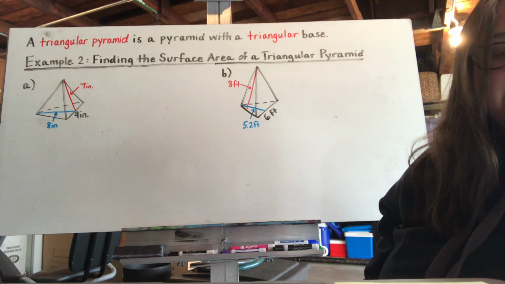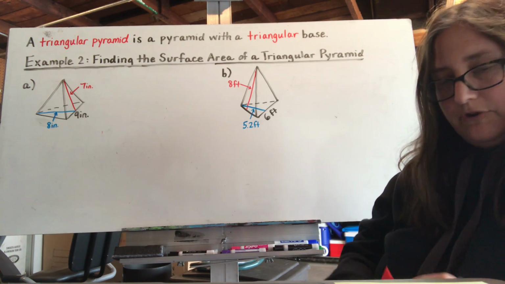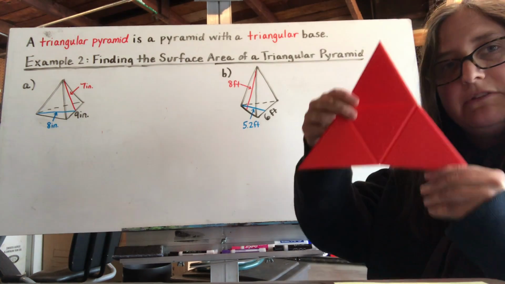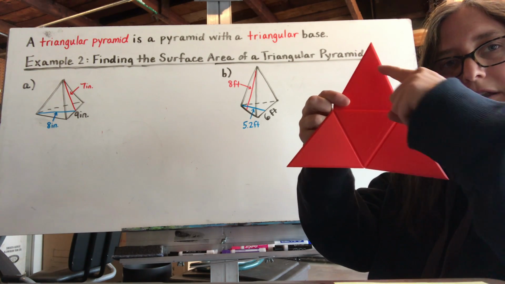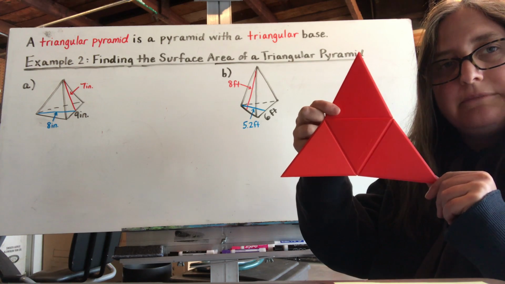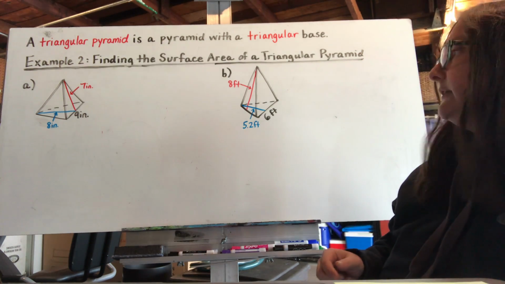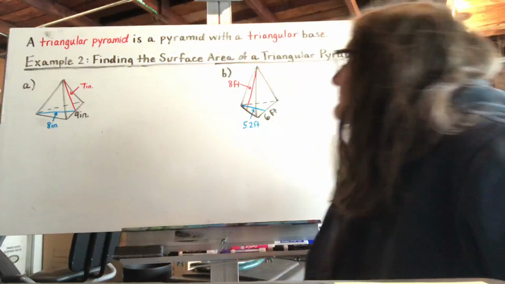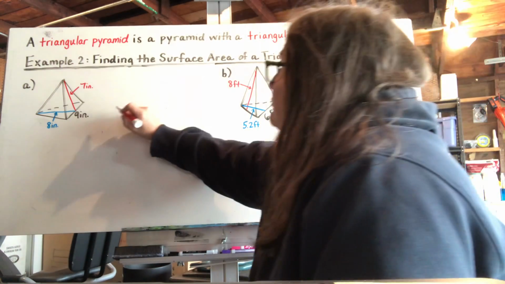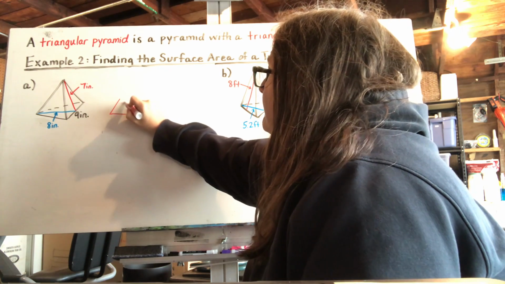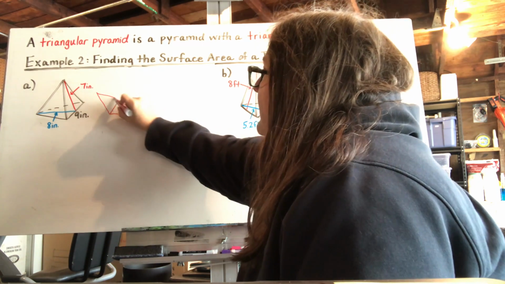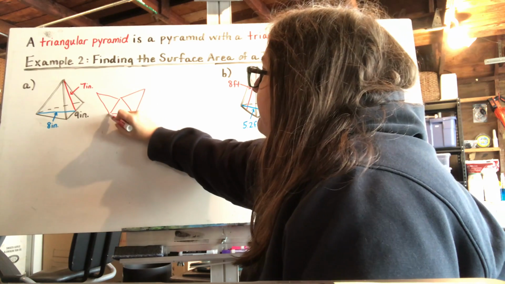If I draw the net, the two-dimensional version of that pyramid, it's going to look like this, with the equilateral triangle in the center and then 3 identical triangles along the outside. So let's try this first guy. So I have an equilateral triangle in the center, and then I've got my 3 triangles off of that guy.